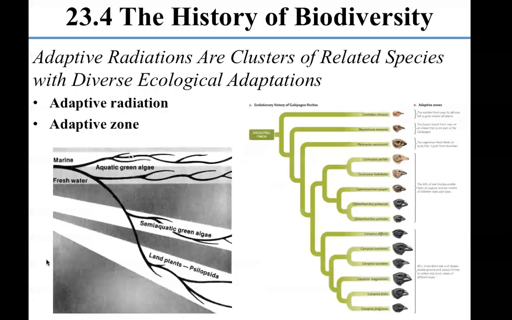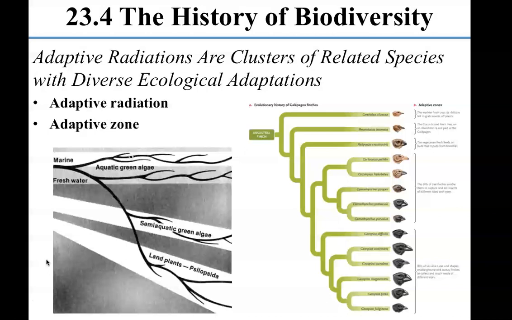So when we left off, I was talking a little bit about how biodiversity has increased throughout evolutionary time. We've seen a general increase in the number of species and the number of families represented in the fossil record. And really quickly, I wanted to mention 2 vocab words that the book uses to talk about examples of fairly rapid speciation.